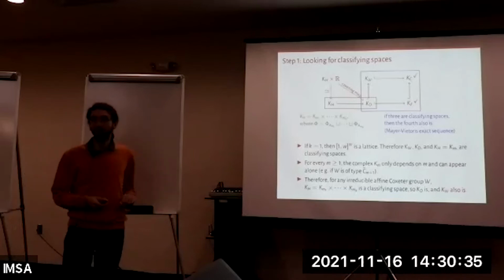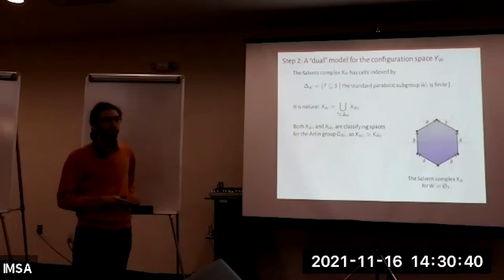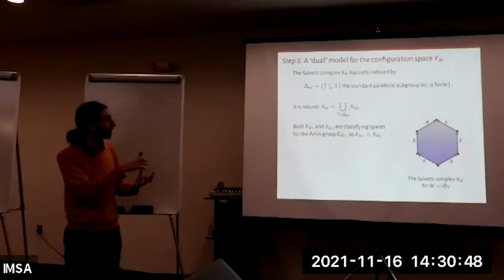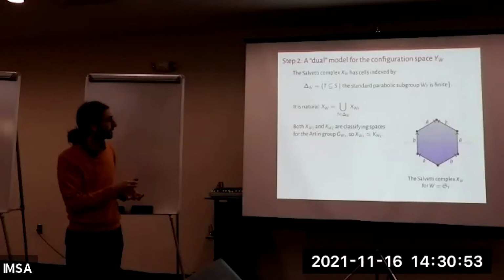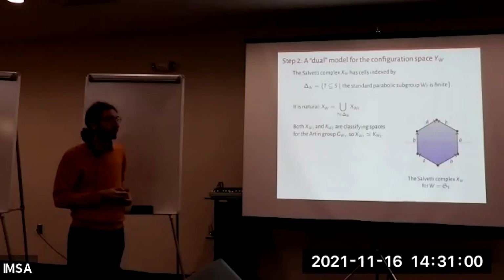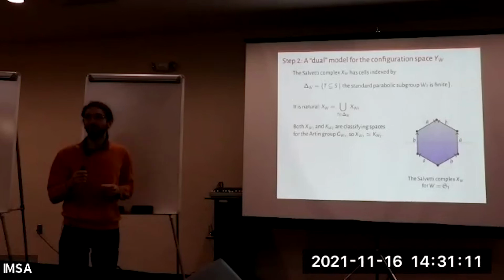So this was step 1, and for step 2, inside this KW, we wanted to find a copy of our orbit configuration space YW. The way we do it is we take the standard Salvetti complex, which is a union of cells, each of them looking like a Salvetti complex on its own.